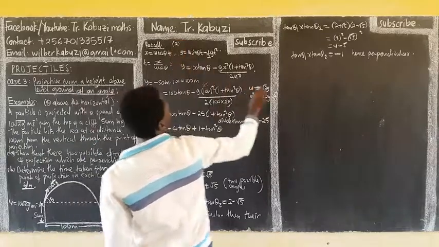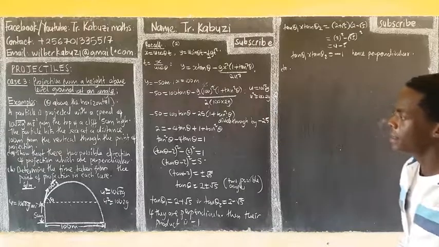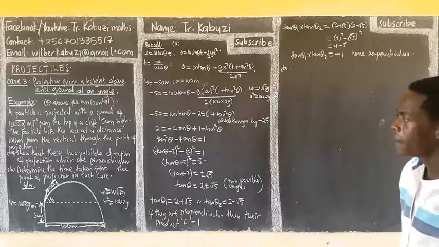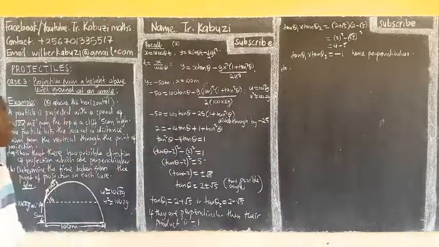Then when we come to part B, they are telling us to determine the time taken for the point of projection in each case. Now they want us to get theta 1 and theta 2.